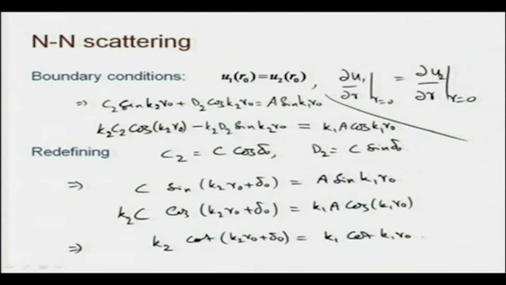So, in principle we can find out this delta 0 from known k 1 and k 2. k 1 and k 2 are given in terms of E and V 0, and suppose we know also the range of the potential r 0 from other data or other experiments or other computations, then in principle we can invert this to get delta 0.